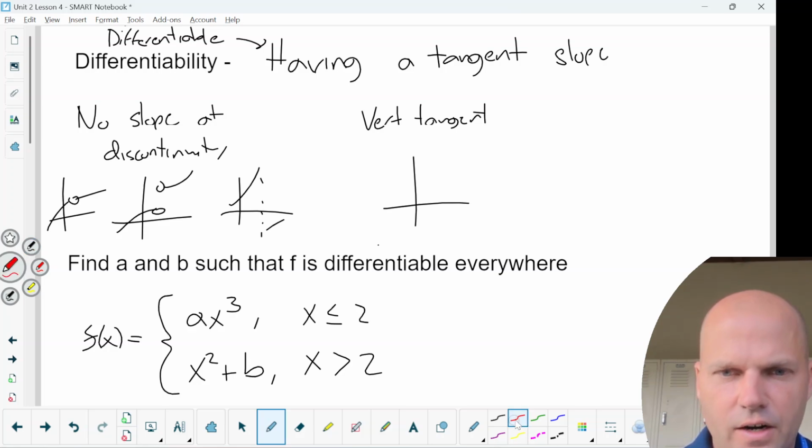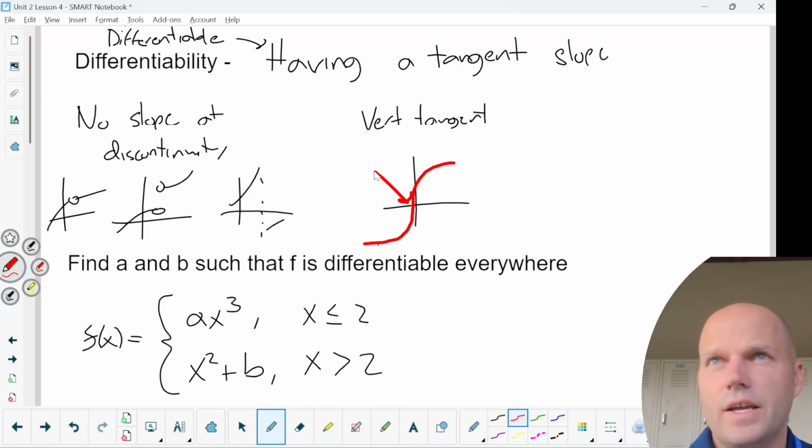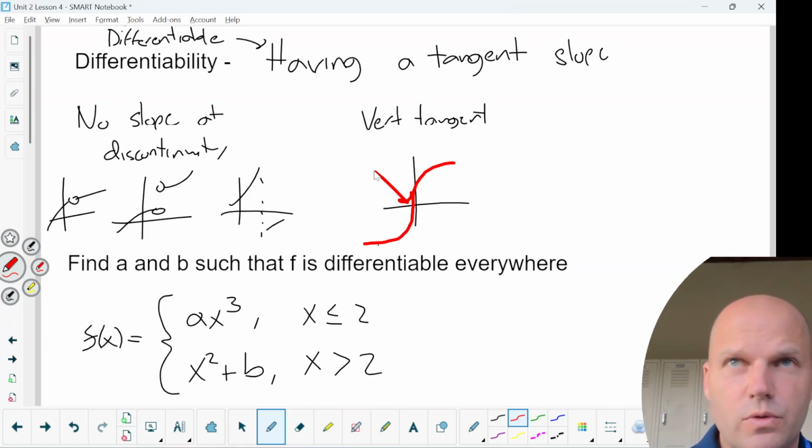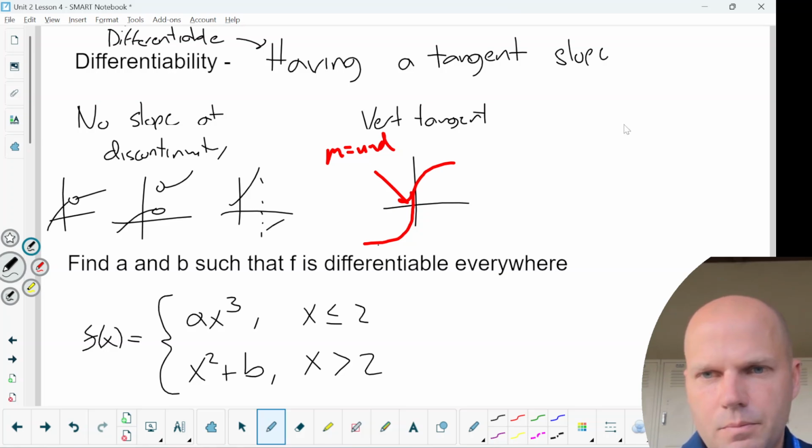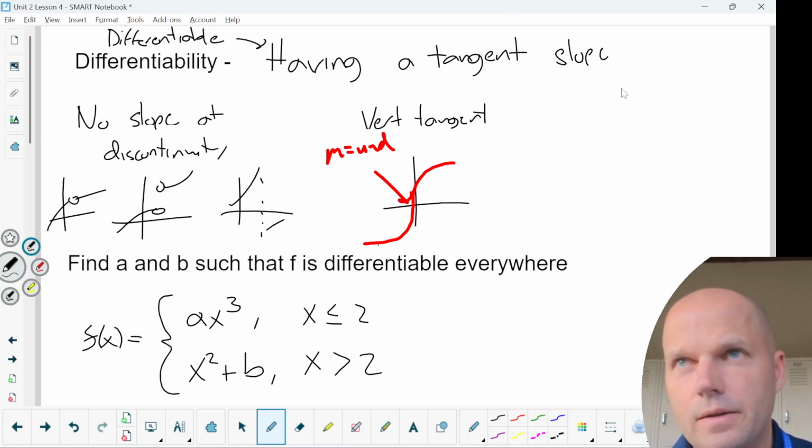There are functions out there that look like this, where it gets super vertical. And this vertical tangent, though you can see it's a vertical tangent, we would say we don't have a slope there because the slope is undefined.